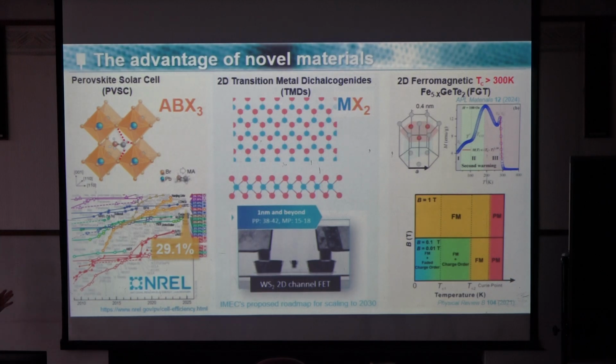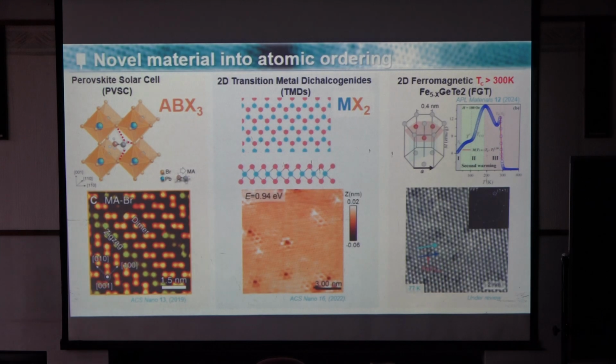So using STM measurement to study this material, we can study the interaction between the magnetic ordering and the charge ordering. Here we utilize STM to reveal the atomic ordering of the materials we study.